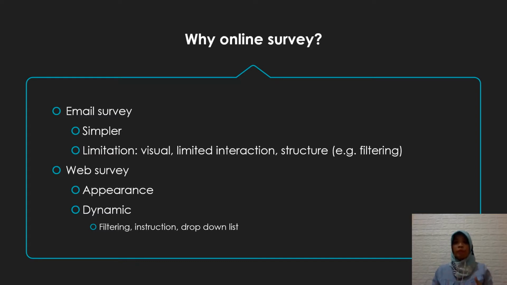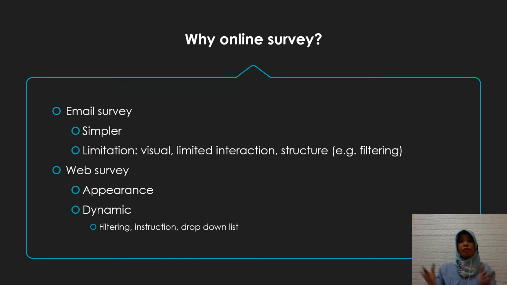So we can do many features with the web survey. We can do filtering, and there are so many options. We can provide the instruction on the same page as the questionnaire. We can play with different setups, like one question per page or two questions per page.